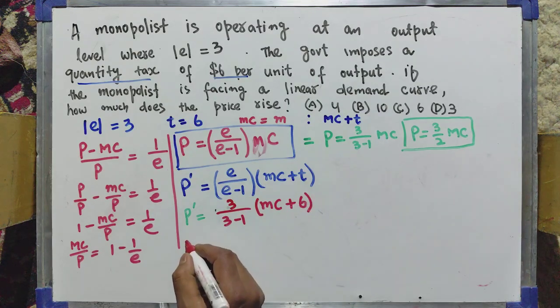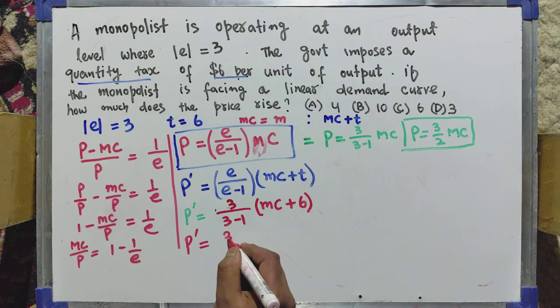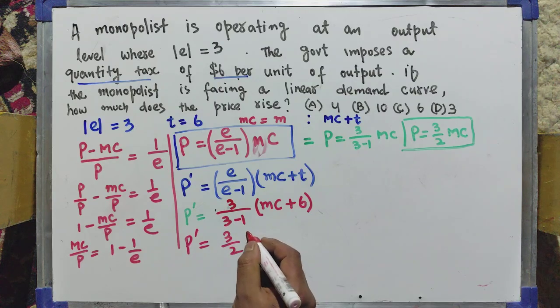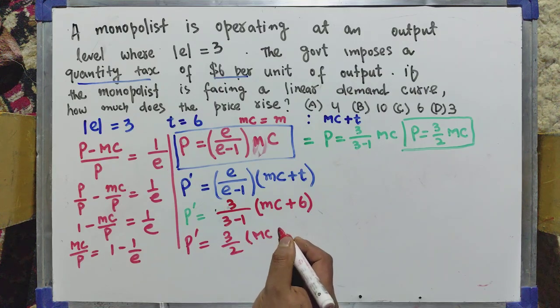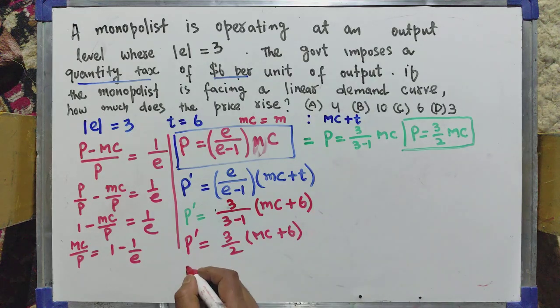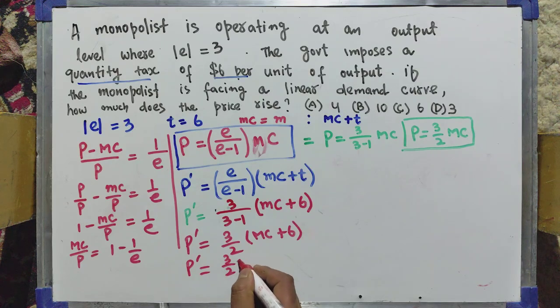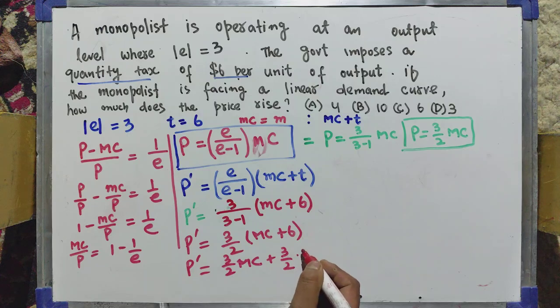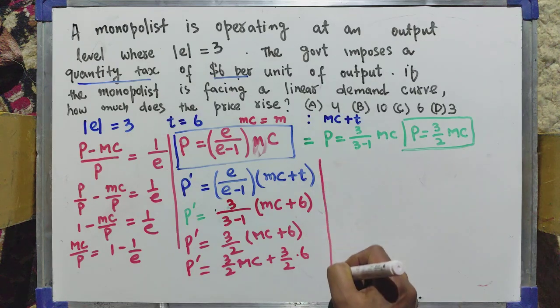Okay, so this new price will be equal to 3 upon 2 times MC plus 6, or I can write P prime will be equal to 3 upon 2 times MC plus 3 upon 2 times 6.